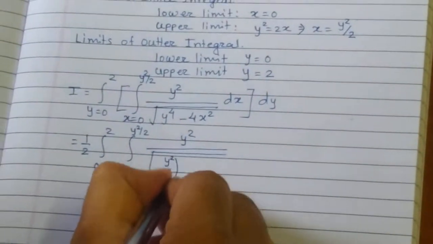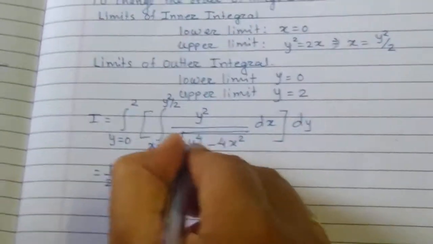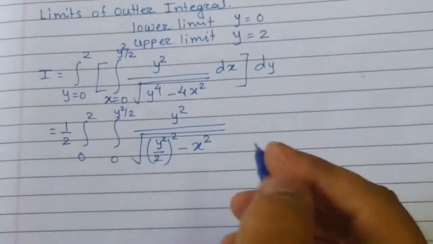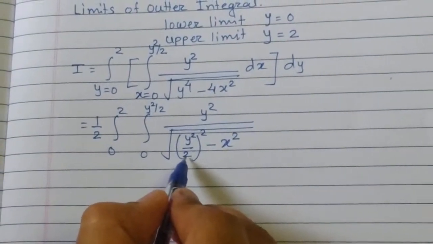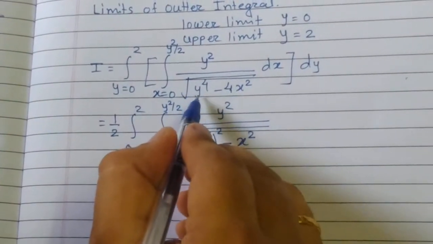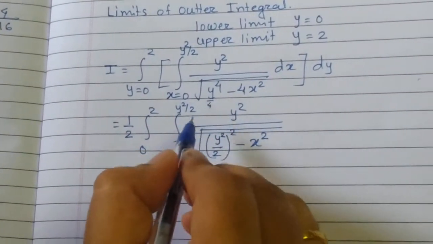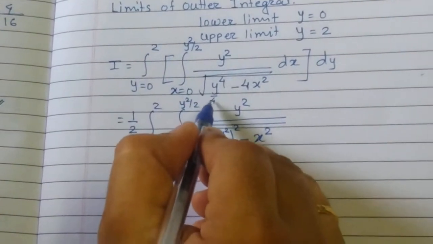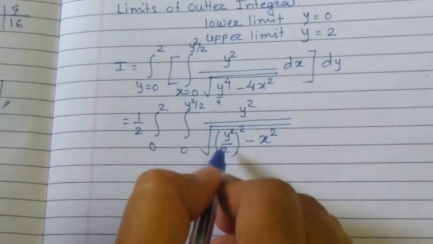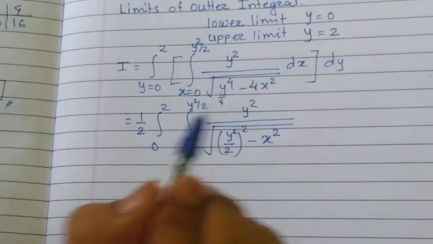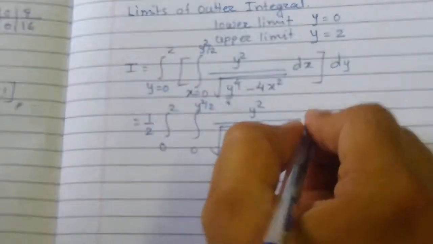So hence (y square upon 2) square minus, this 4 is going outside, we get x square. Some of you may be confused why 2 comes here. As I am taking 4 common, 4 is not present, so I am getting y square upon 4 term here. But 4 is a square of 2, so hence I am writing it as (y square upon 2) square. So this is a square minus x square.